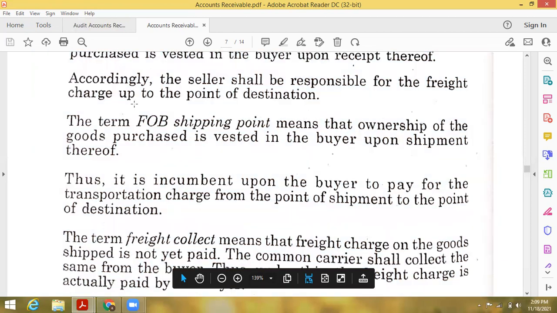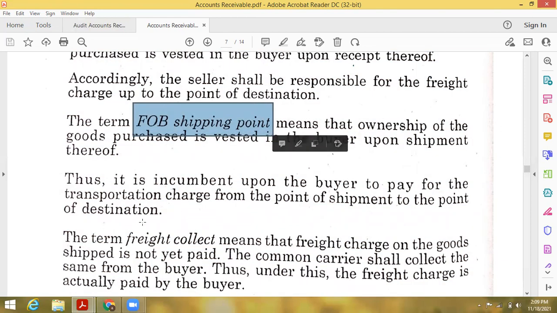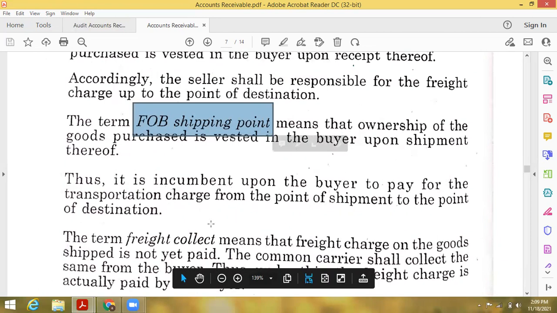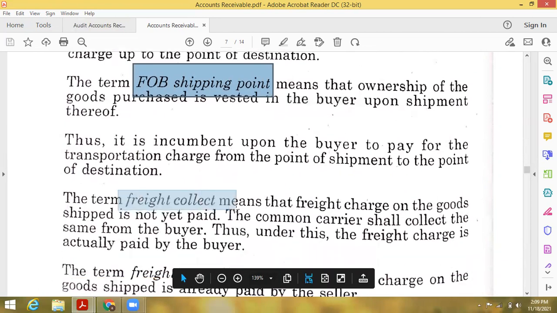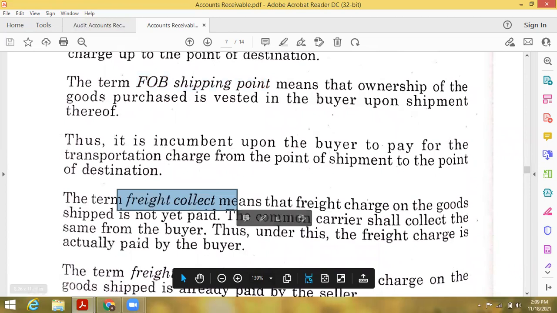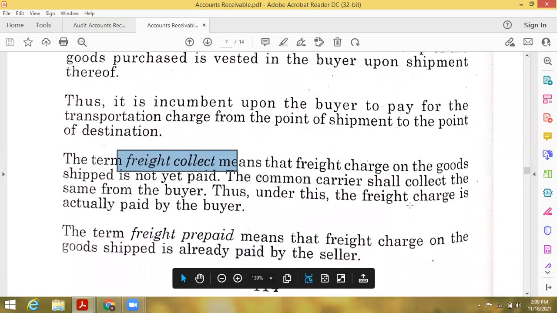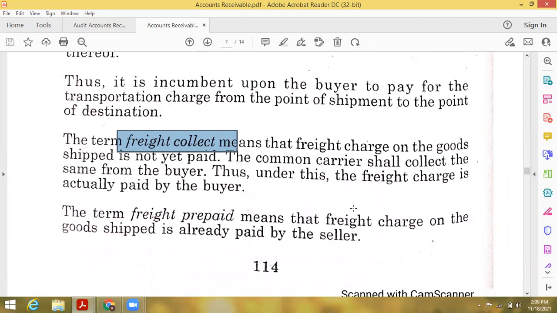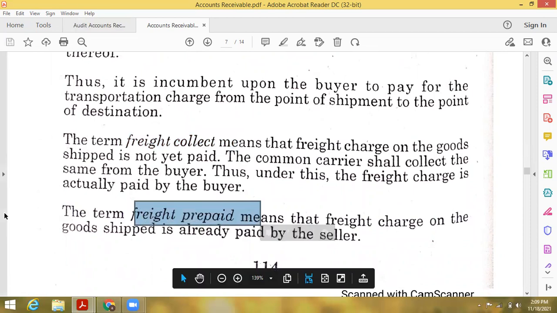Kasi pag shipping point, wala nang pakialam si seller pag na-deliver na. So, kay buyer na yon. So, dapat si delivery, ang sisingilin niya, si buyer. Okay? Thus, under this, the freight charge is actually paid by the buyer. Pag freight prepaid kasi nagbayad na to, binayaran na ni seller agad yung delivery cost.